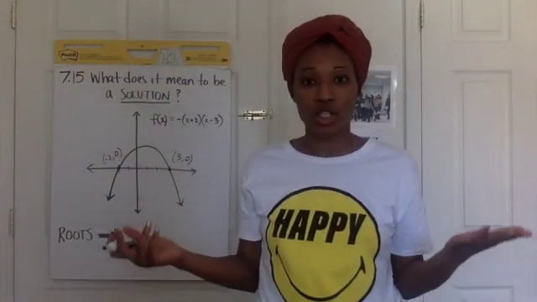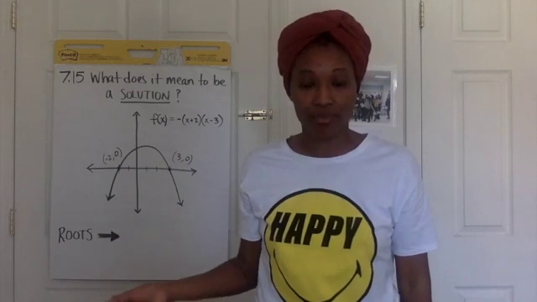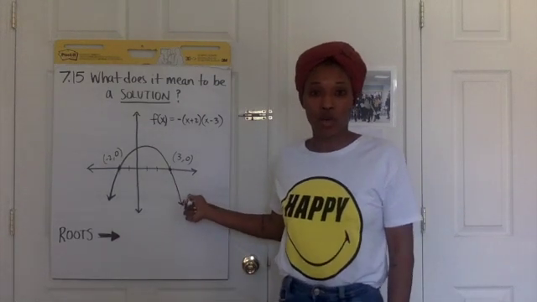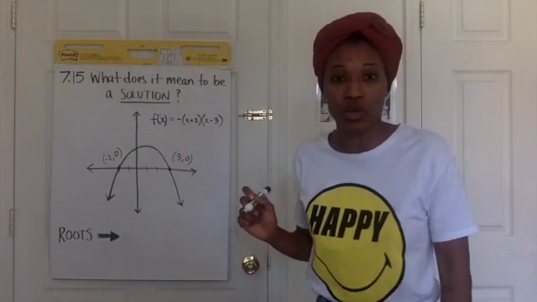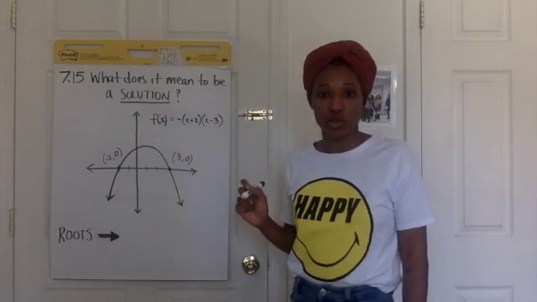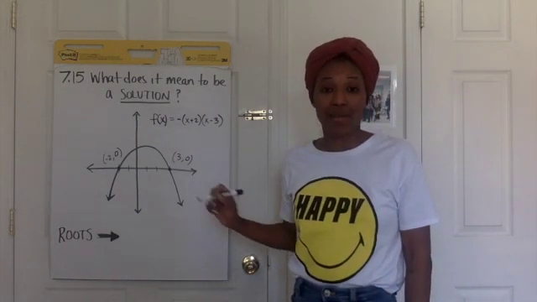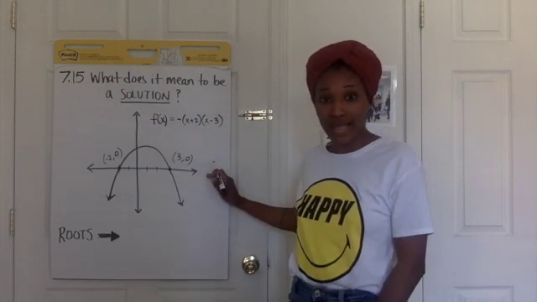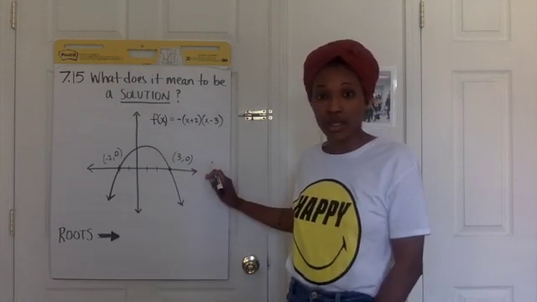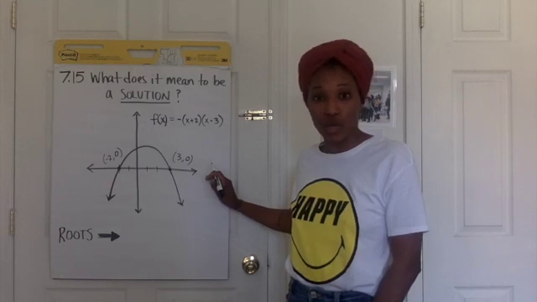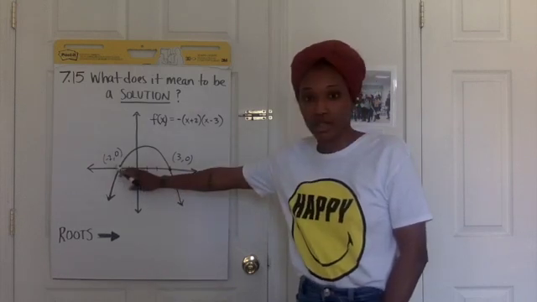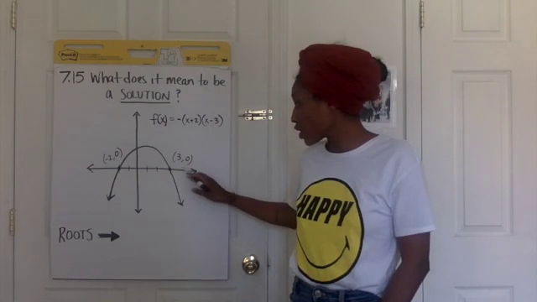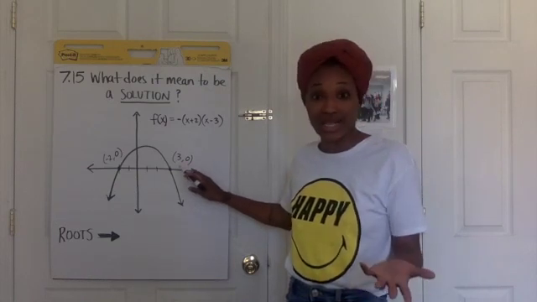What does it mean to be a solution to a quadratic equation? On my board, I have the quadratic equation f of x is equal to negative x plus 2 times x minus 3. And I've already graphed it and I've labeled the roots. The roots are found on the x-axis, and in this parabola, the roots are -2, 0 over here and 3, 0 over here. What does that mean?